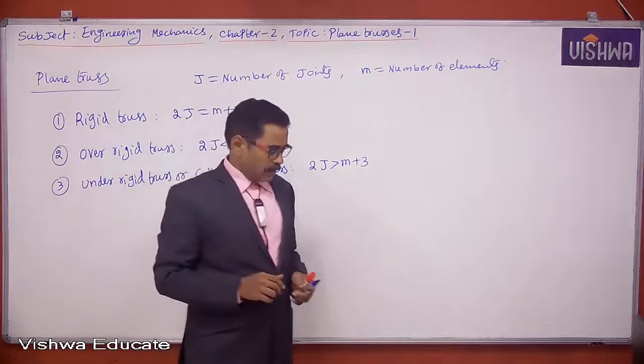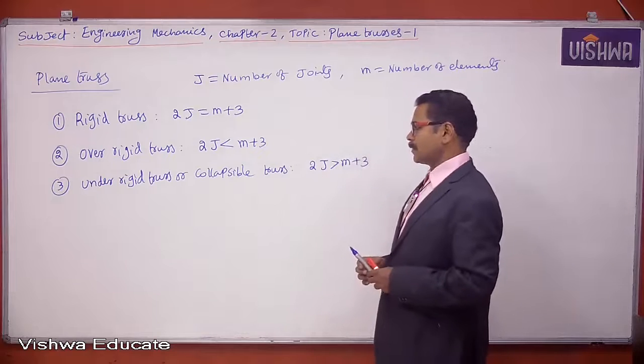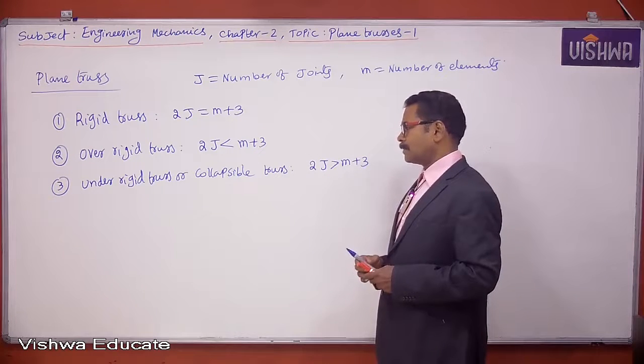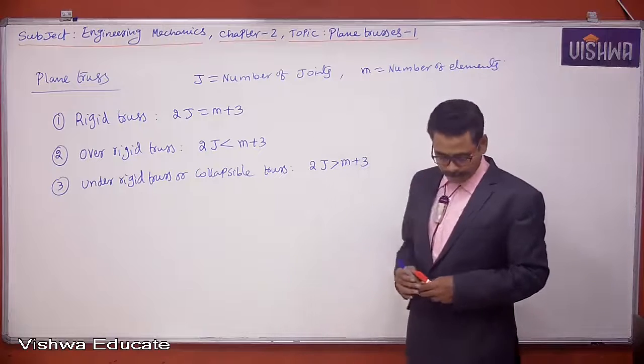So these are the three basic types of plane trusses: rigid truss, over rigid truss, and under rigid truss or collapsible truss. Please copy.